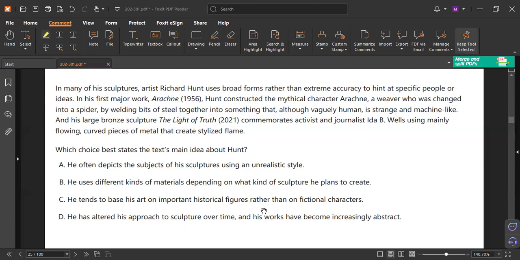What is your answer? I was answering and my mic was off. I think it's A. So letter A is the best answer, but we need evidence. How did you know that he used unrealistic style?